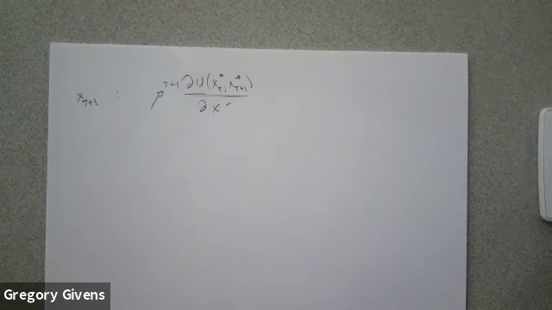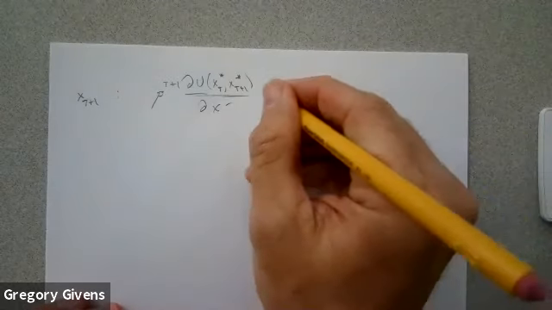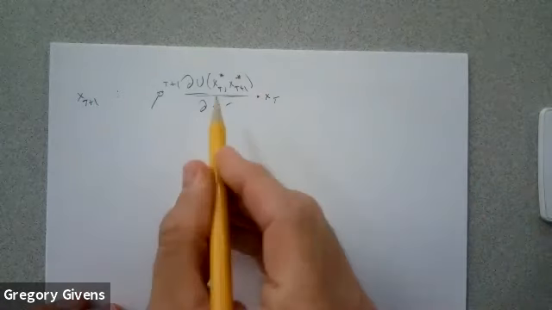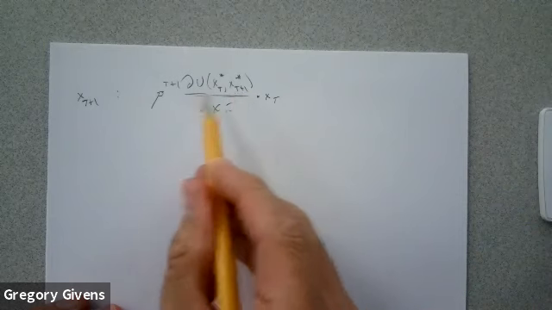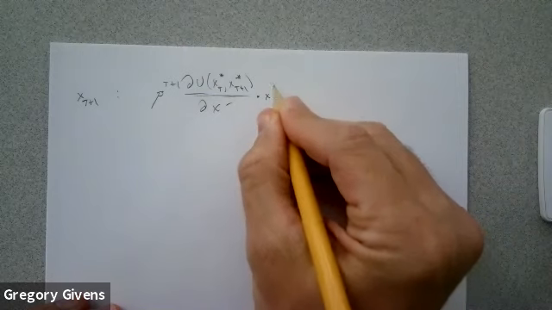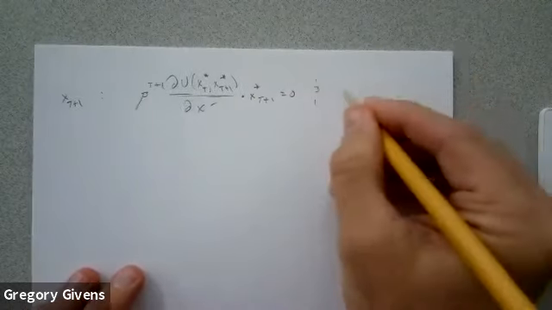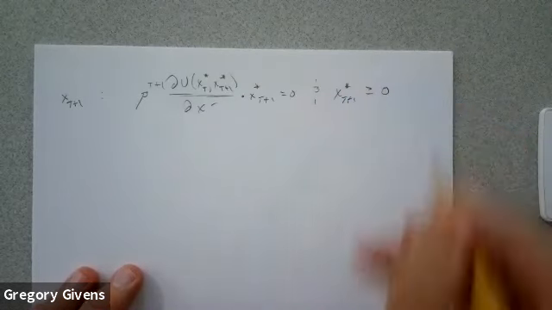So there could very well be a corner solution here, right? The complementary slackness form would be the partial of u of x T, x T plus 1 with respect to the second argument, times beta to the T plus 1, times x T plus 1, is equal to 0, with x capital T plus 1 star greater than or equal to 0.